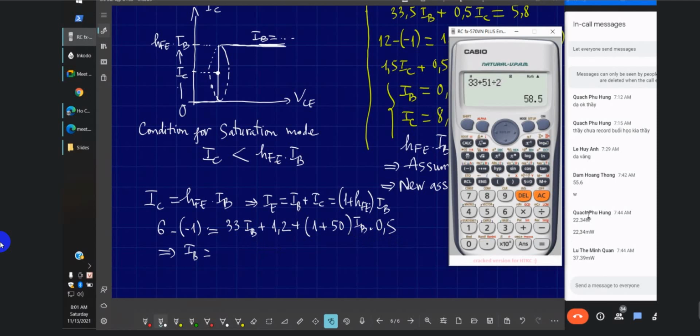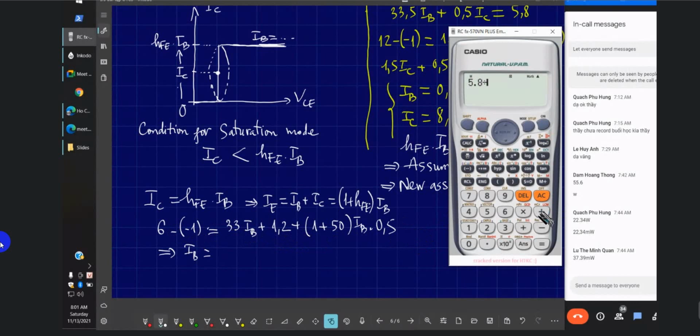Multiply, and then I got my 58.5. So 7 minus 1.2 is 5.8.